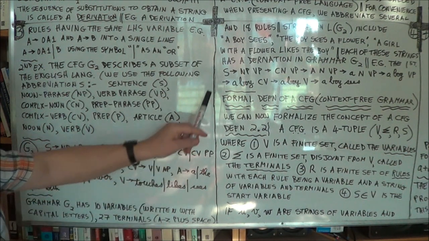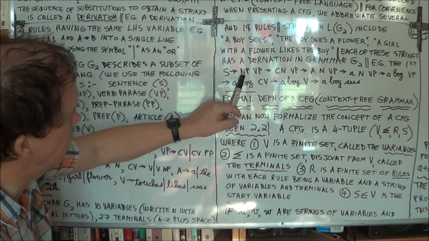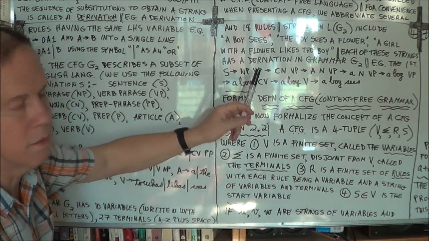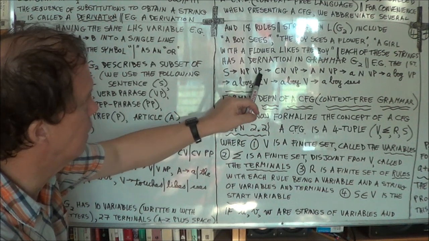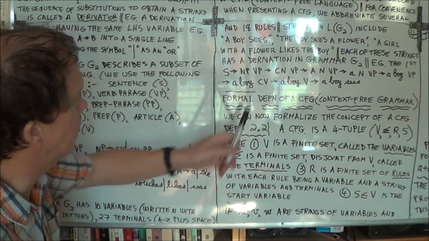So here's how it's done. We go from S, arrow, to noun phrase, verb phrase, NP VP, just because that's me, it's not Sipser doing this. It's just so much easier. Which rule are we using? This one: S is substituted by NP VP.